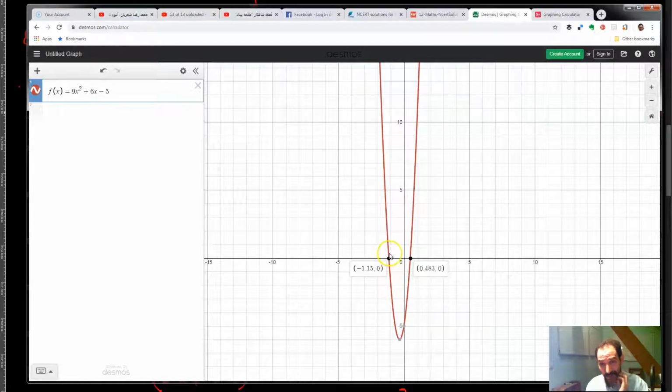But we have limited the domain to all of the x's greater than or equal to 0, which means that the function practically starts from this point 0, -5 and just keeps increasing forever, right?